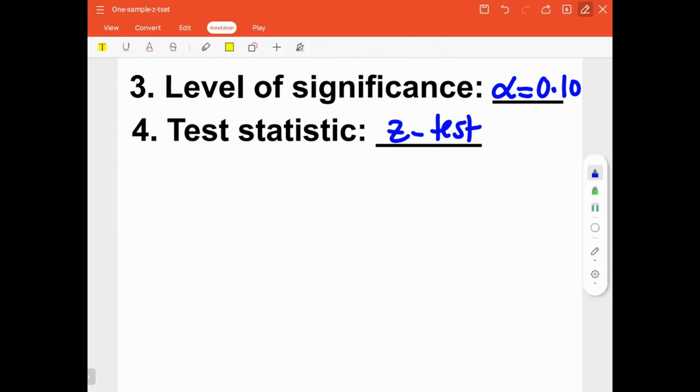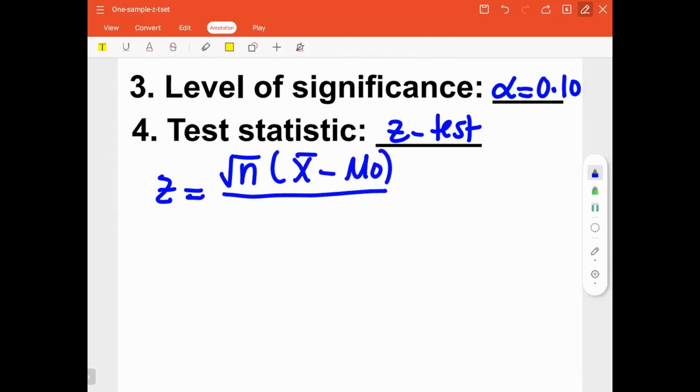Now we'll compute. So once again, the formula for the z-test is z is equal to the square root of n times this quantity x bar minus mu null all over sigma. So we'll just substitute the values here, n being 20, and x bar being 11.48, and mu null is 12.